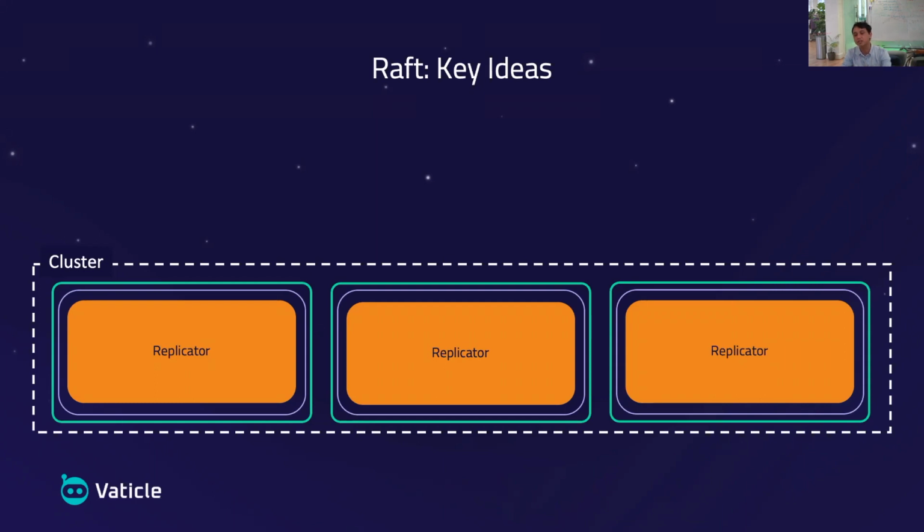The other step is for the designated leader replicator to perform the actual replication process from the leader to the other replicators. In Raft's terminology, we call the others follower replicators. In practice, what that means is the leader replicator is where we have the primary replica, and the follower replicators are where we have the secondary replicas.